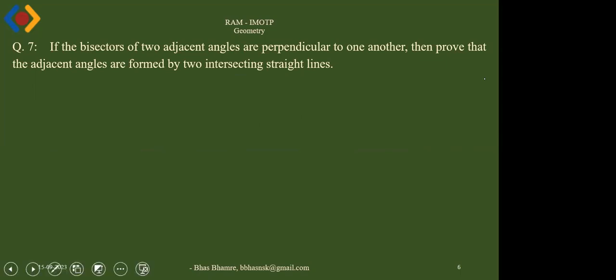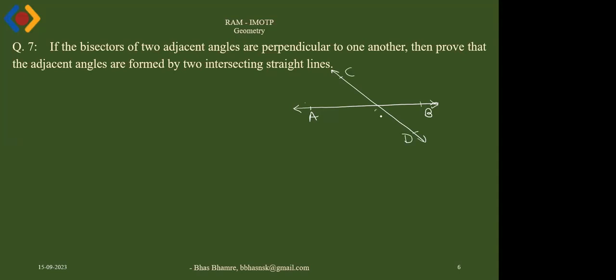We will draw the figure accordingly. Suppose this is a straight line, or otherwise I can say intersecting line, that doesn't matter over here. So lines AB, CD, but I don't know whether AOB is a straight line or COD is a straight line or not.